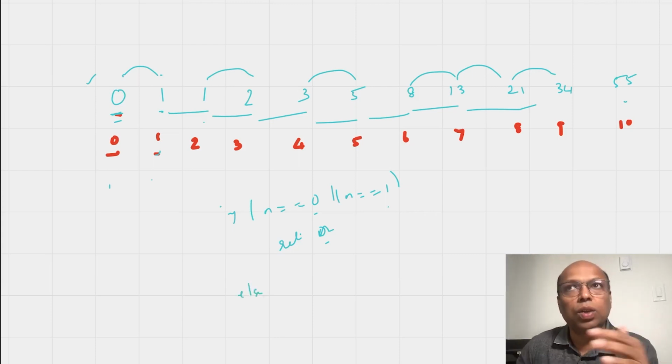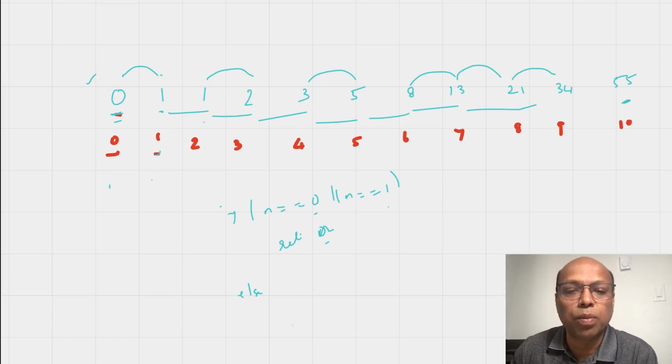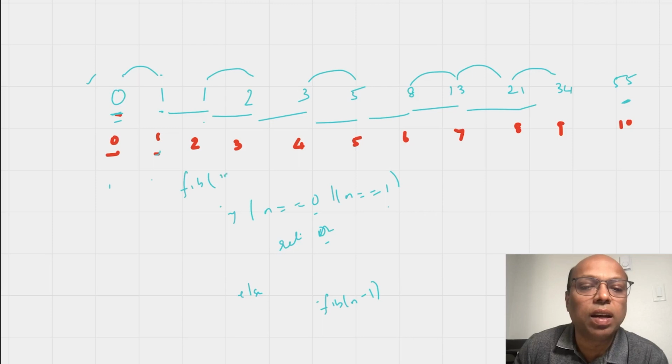If not, to get the current Fibonacci number, you added the previous two. How do I write it? If I want other numbers, Fibonacci of n minus 1, where Fibonacci is my function name, which takes an n and returns an n.